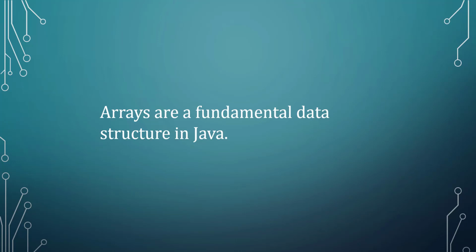Hello everyone. An array in Java is a data structure that stores a fixed size collection of elements of the same type. Remember, an array contains data of the same type, whether it is a primitive or a reference type or any other objects.